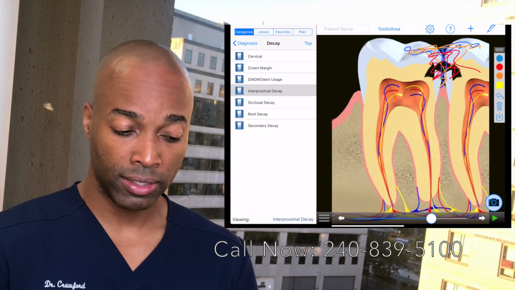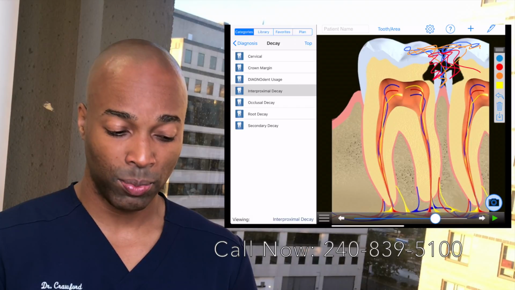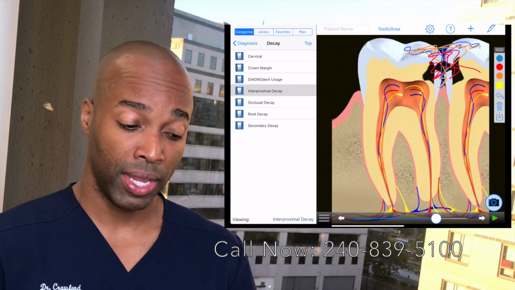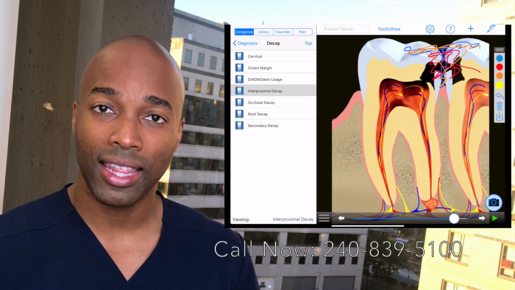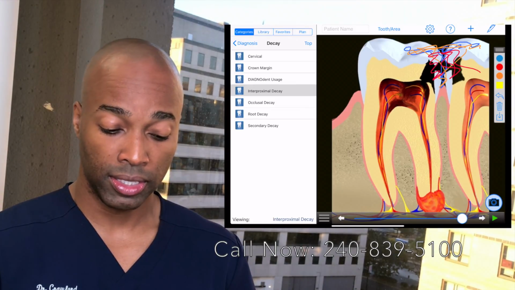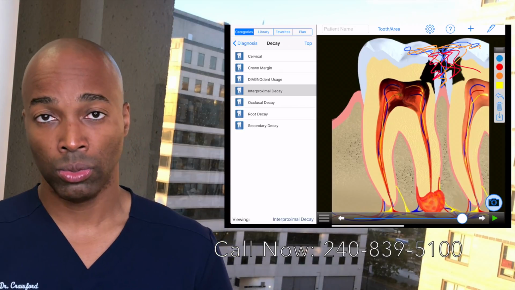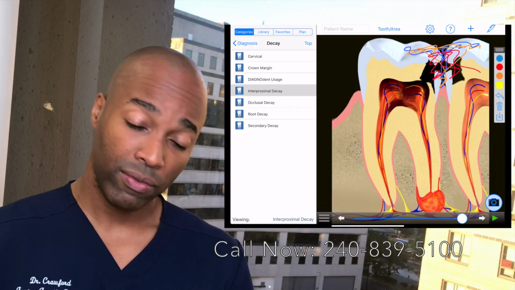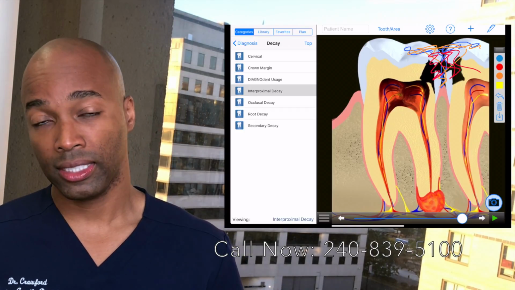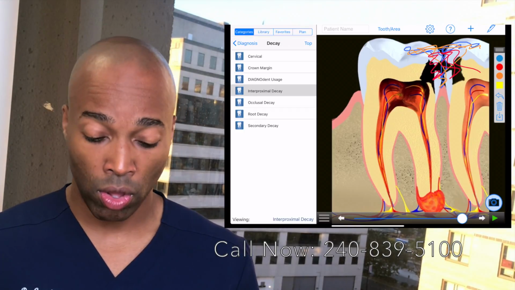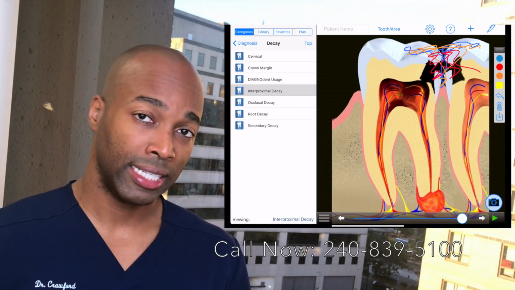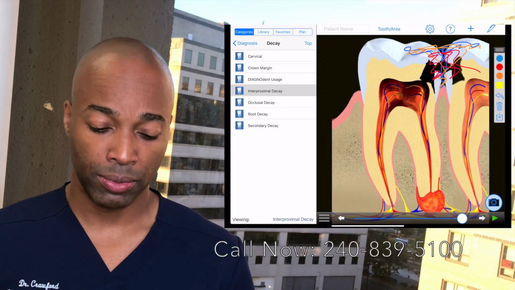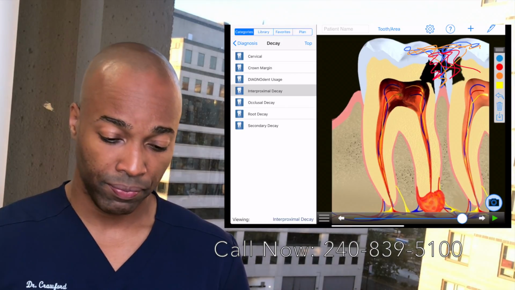And it can get quite severe. As you see, when it gets down to this point here next to the nerve, you're going to start to feel some pain. When it goes beyond that, it starts to be a situation where we absolutely must do a root canal. And this could be painful, painless, pain sometimes, pain never, pain all the time. It can present in lots of different ways, but that's the basis of what we attempt to correct in dentistry.